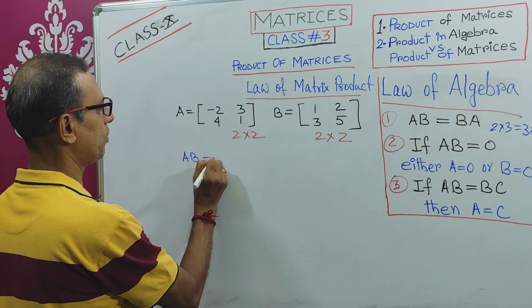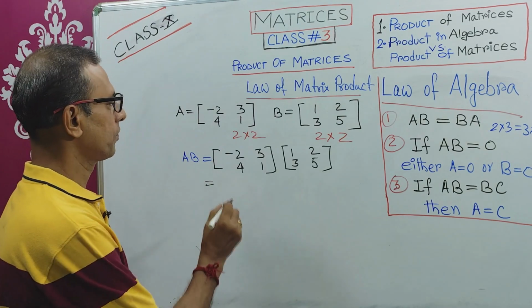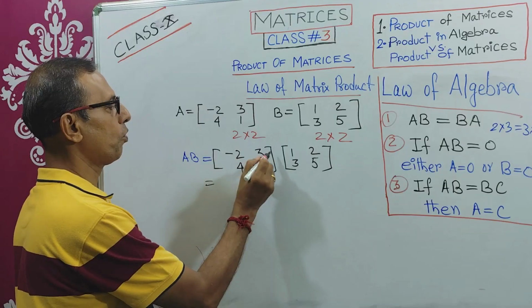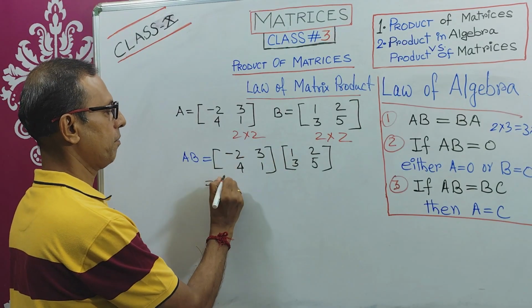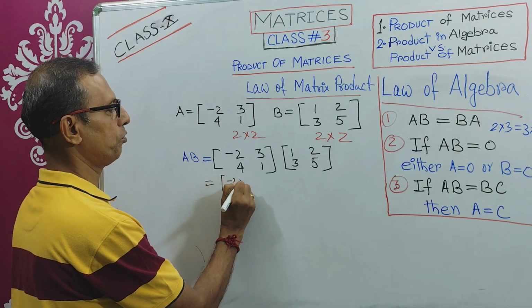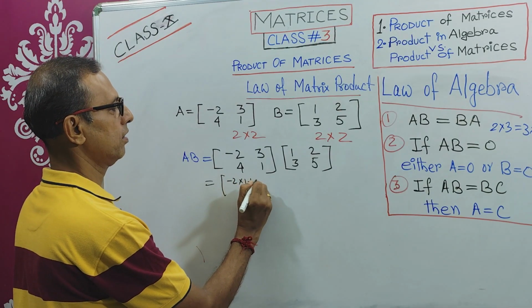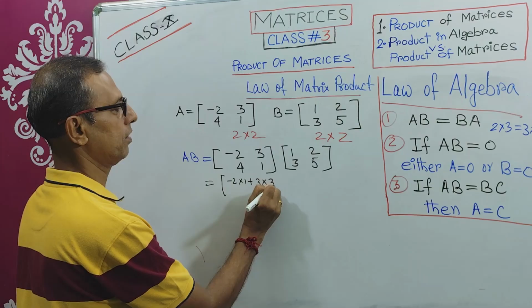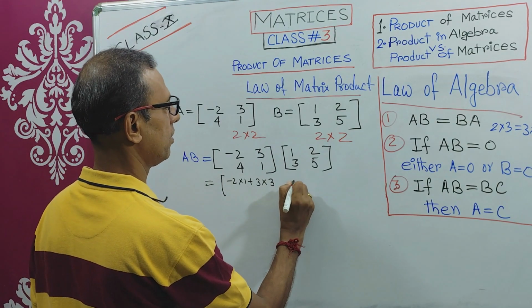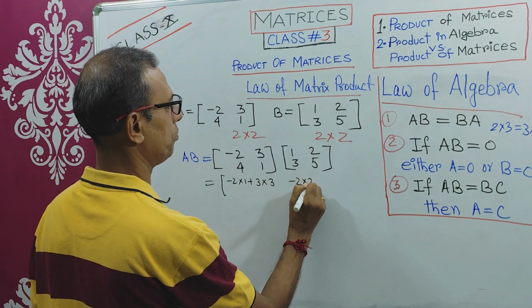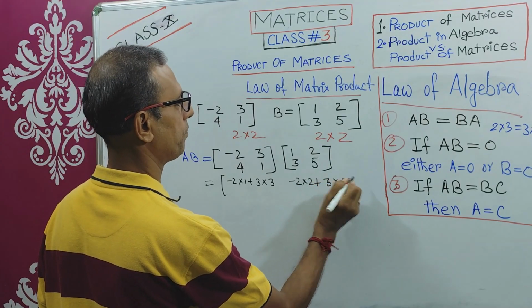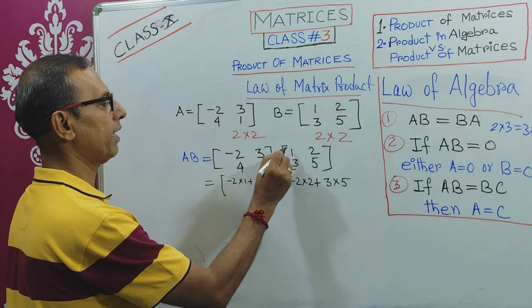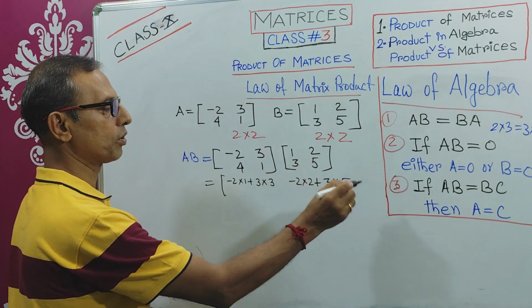So what will be AB? Value of AB equals, so first row of A with first column of B, that means minus 2 into 1 plus 3 into 3. Second one is minus 2 into 2 plus 3 into 5. So first row multiplication with first column and second column, both are done.